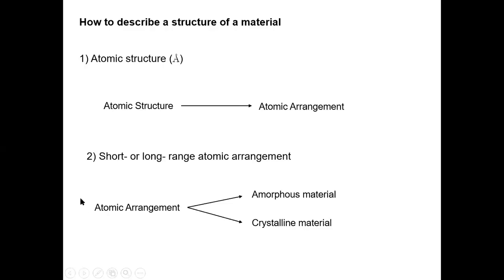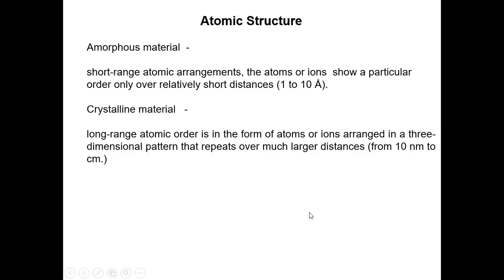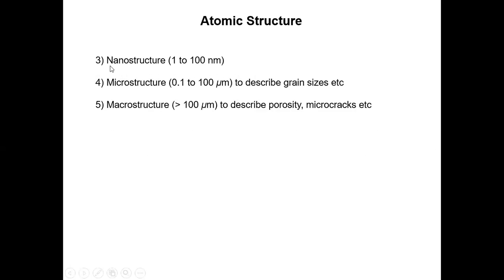Then atomic arrangement, that is amorphous or crystalline material. Then the nanostructure. We describe certain materials considering their properties in a range of 1 to 100 nanometer scale. Then microstructure. That means we describe the grain sizes of a particular material.